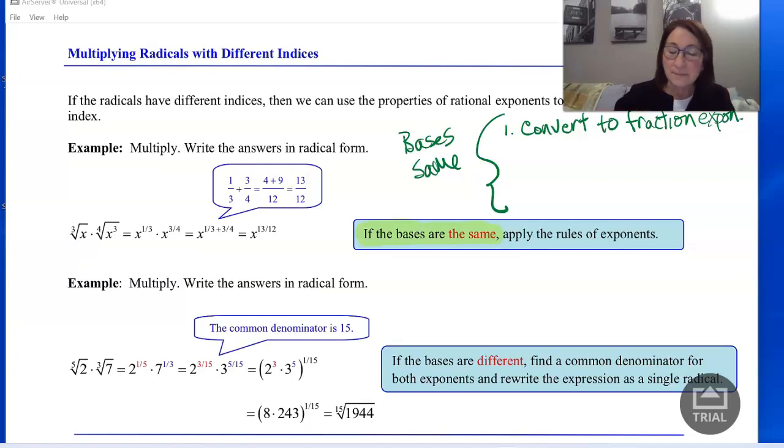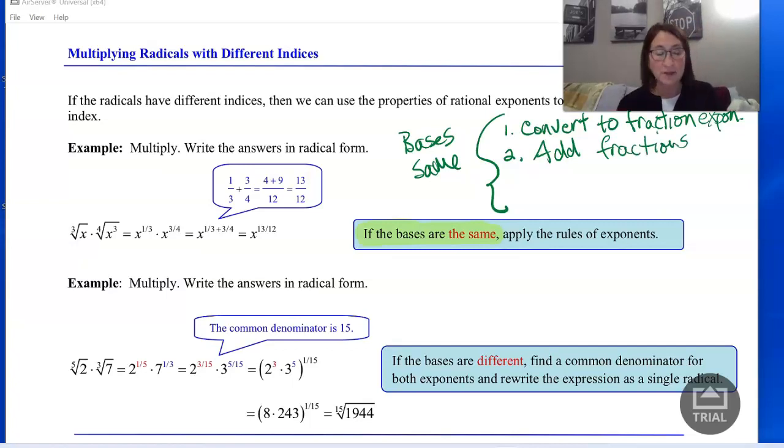Step number 2: add the fractions. You probably will have to get a common denominator. That's okay. Then convert back to radical form.